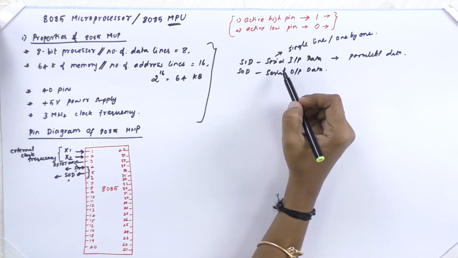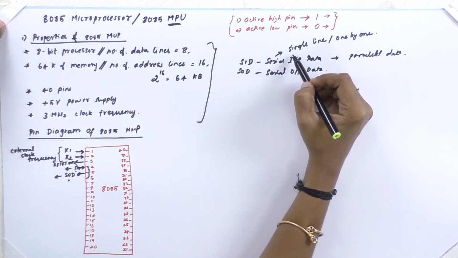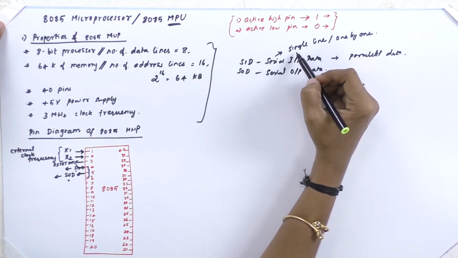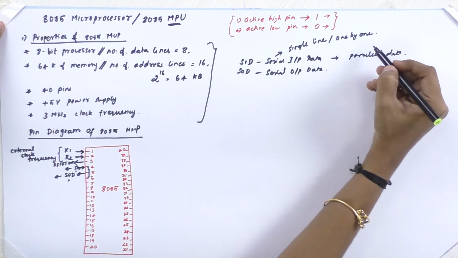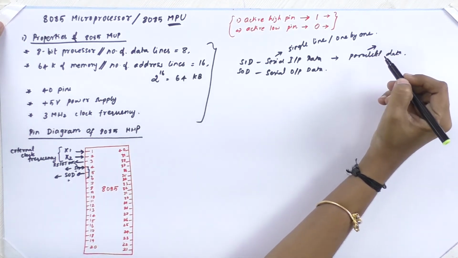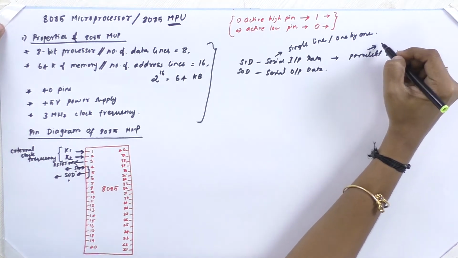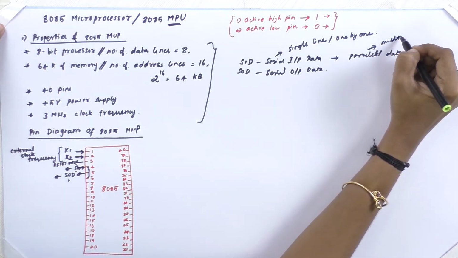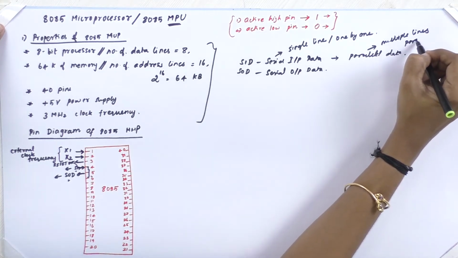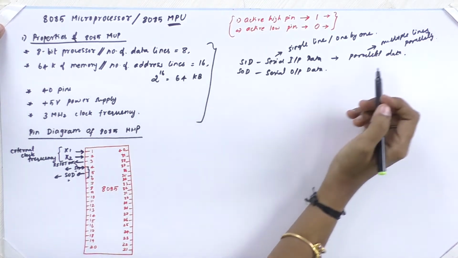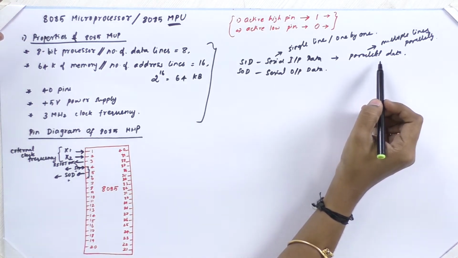In serial transmission, data is transmitted over a single line in a one-by-one fashion, whereas in parallel transmission, data is transferred over multiple lines in parallel. That is the difference between serial and parallel transmission of data.